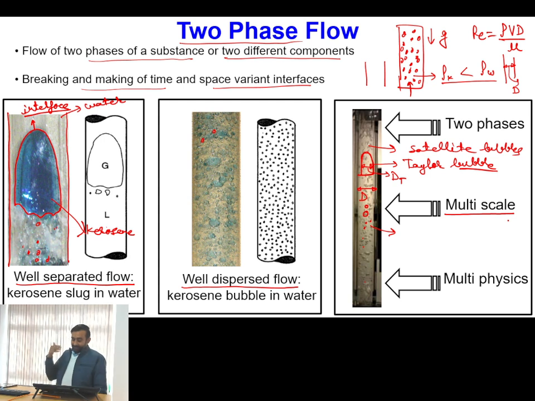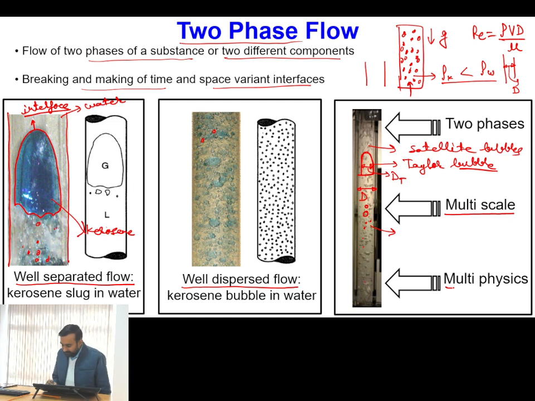So depending upon the length scale, the time this bubble spends in the system will also be different. So in a multi-phase flow system, there are different length as well as time scales. Is this point clear? Length and time scales are not the same.